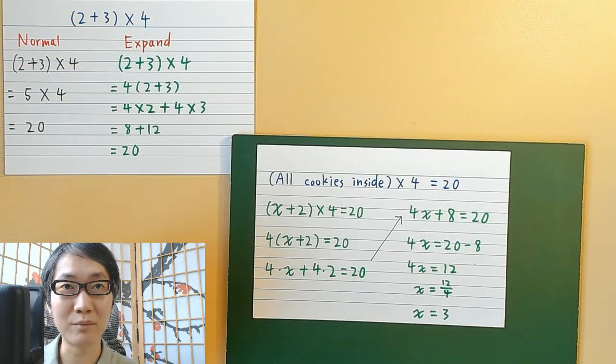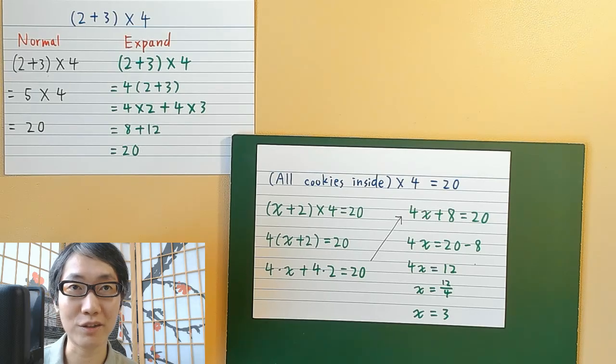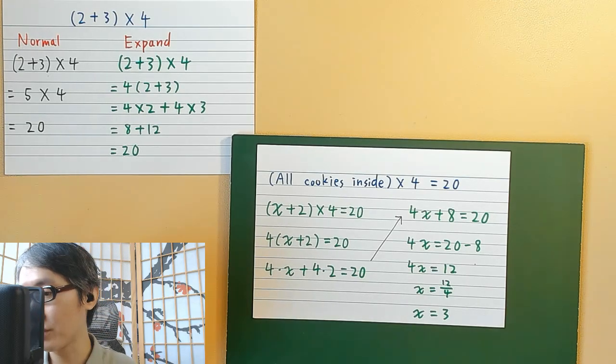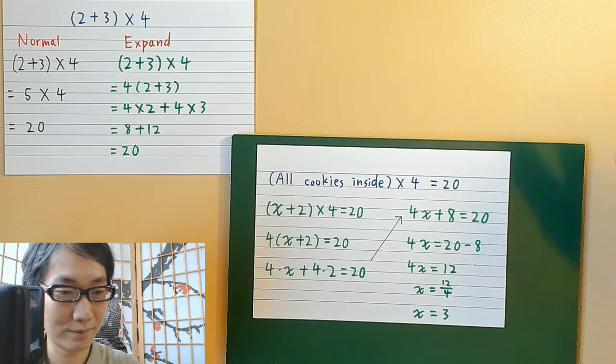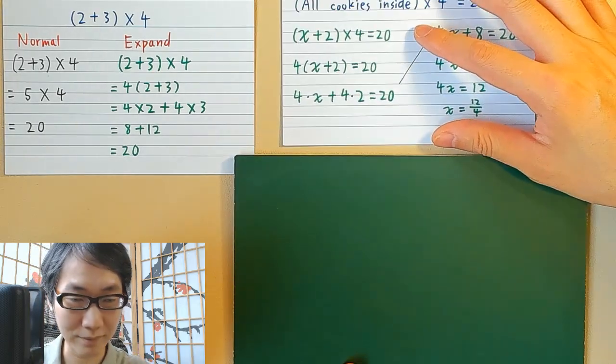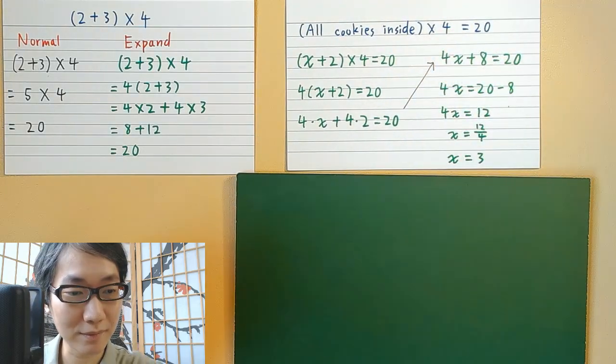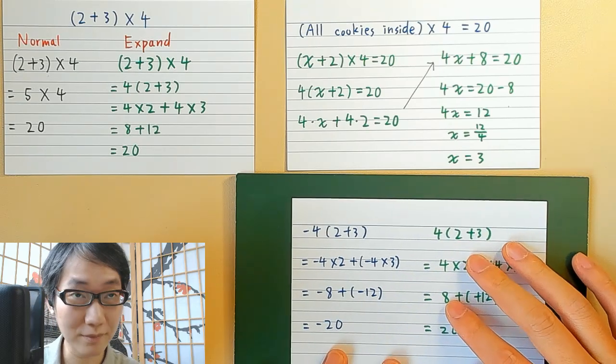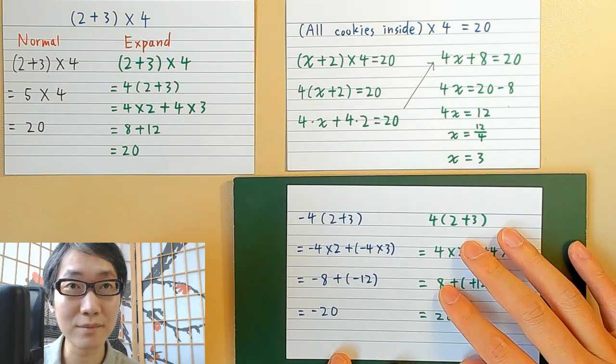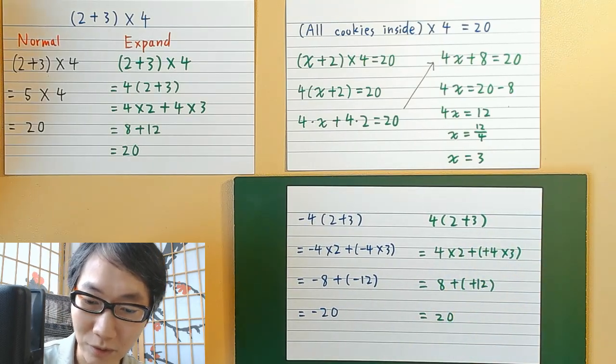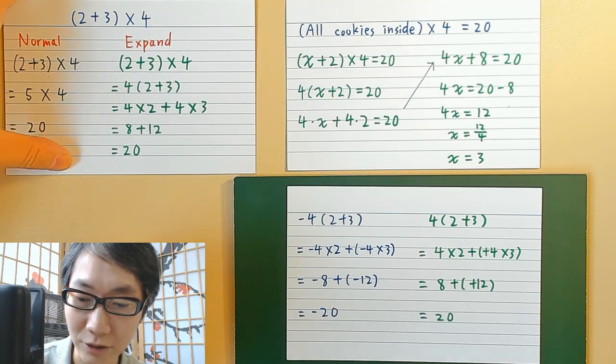So all of the numbers used here are positive numbers, or what if we are using negative numbers?